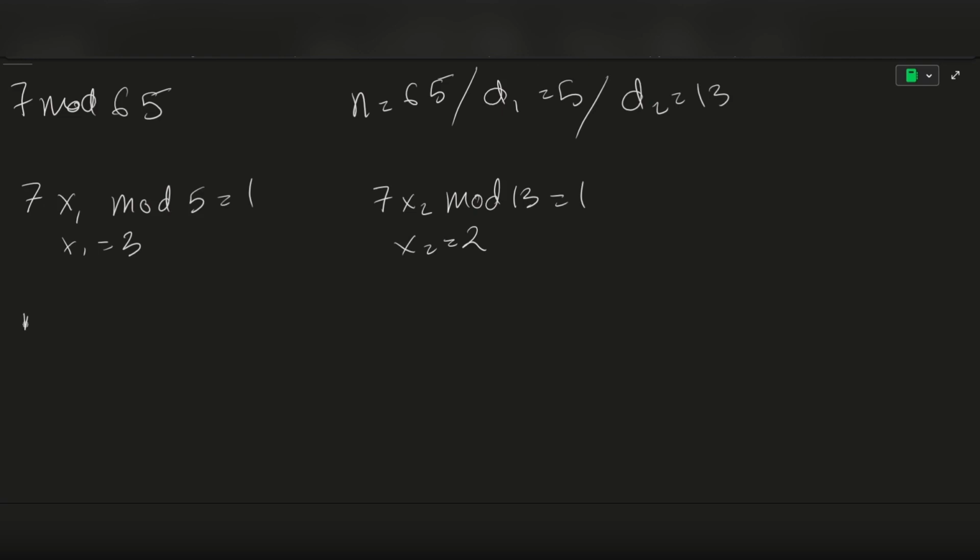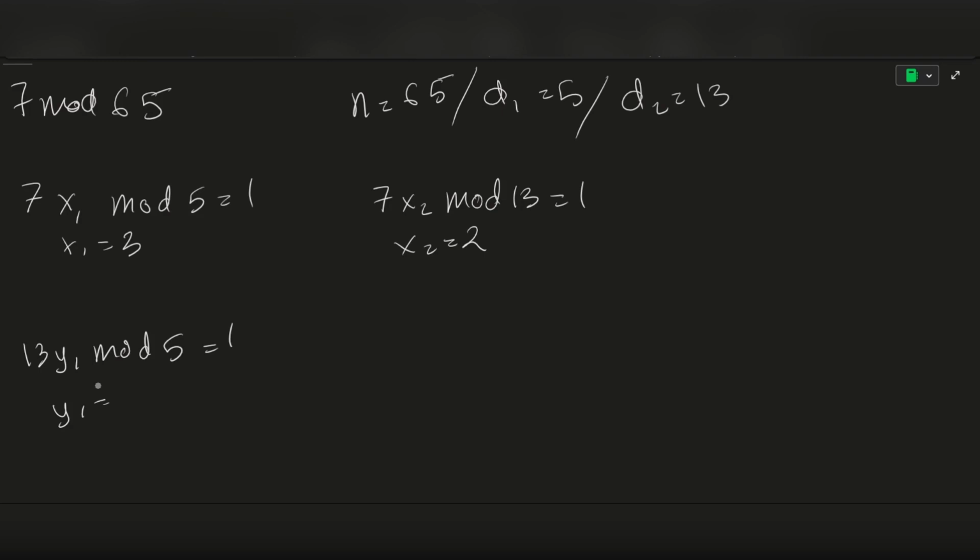Then, this time, we have n over d1. So 65 over 5, which of course equals 13. We have 13 y1 mod d1, and d1 in our case is 5, is equal to 1. So 13 y1 mod 5 should be equal to 1.